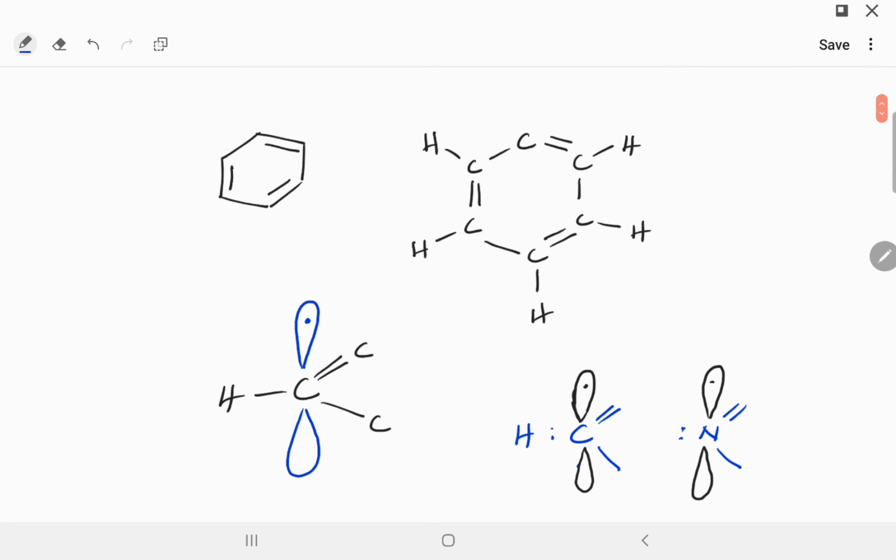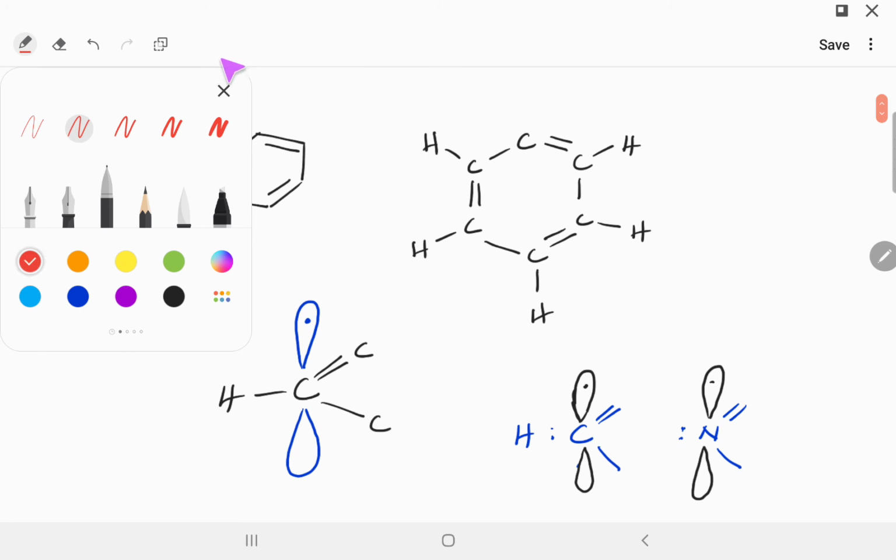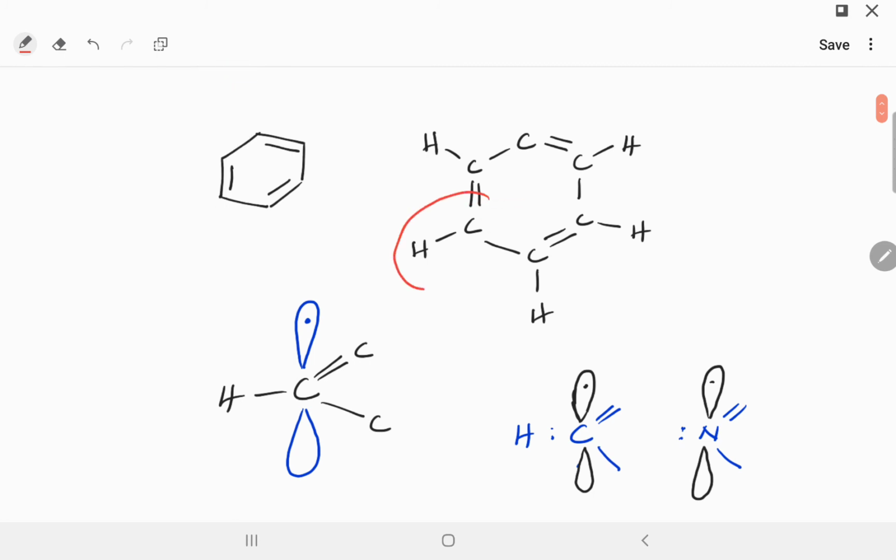All right, so as you know, in this drawing I have shown you the benzene structure. If you take one of these carbons, it looks like this. Each carbon is sp2 hybridized.